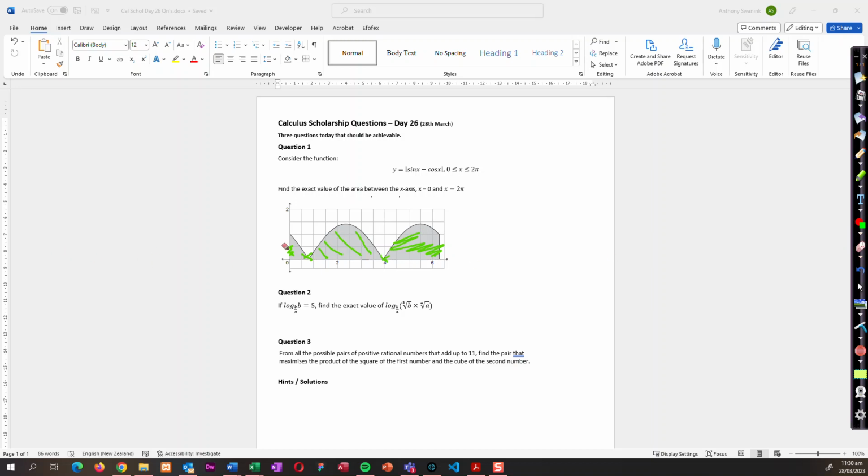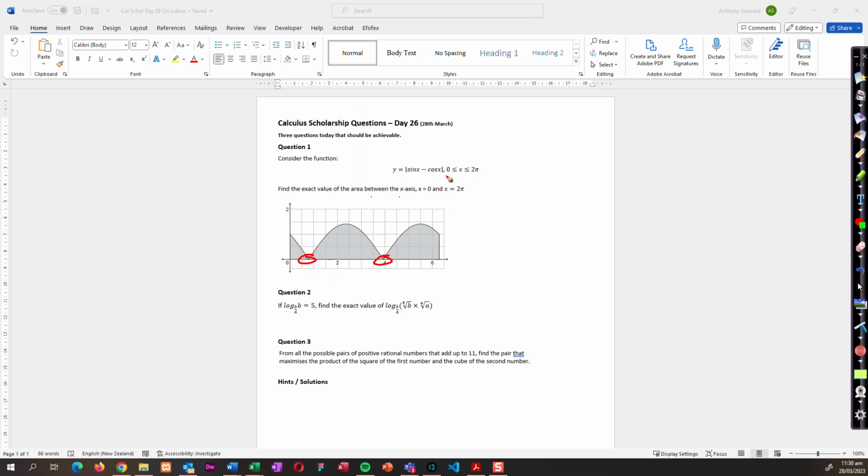So to get this point here and this one here, it's where the two graphs basically are equal. In other words, where sine x minus cos x is equal to 0.